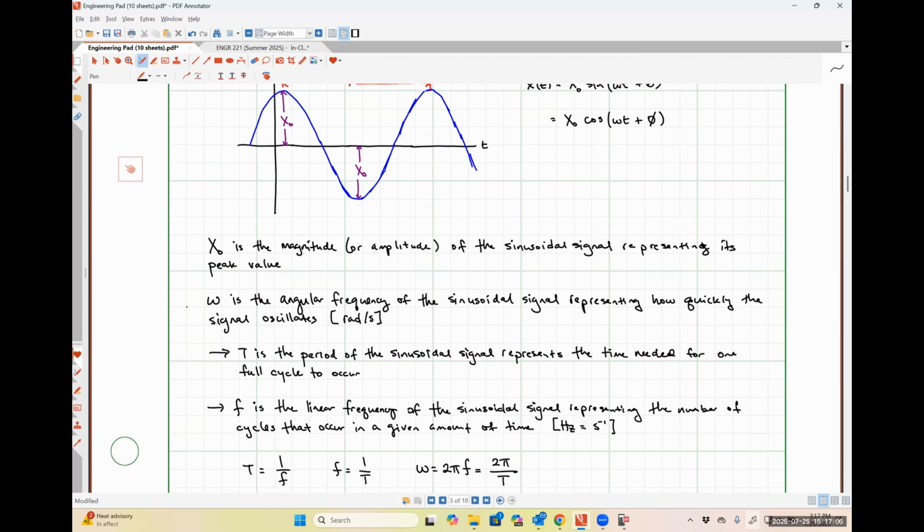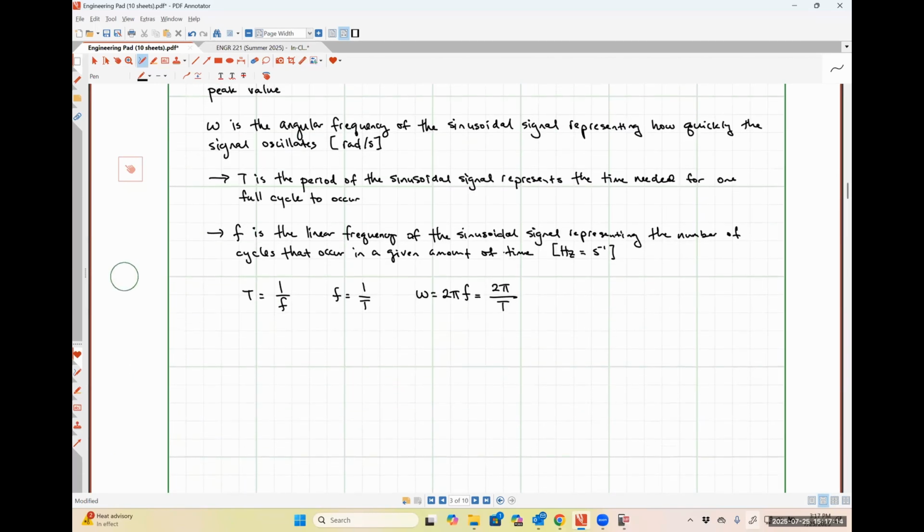So the last part of our mathematical expression that we have to deal with is the phase angle, okay? So theta and phi are the phase angles for our sinusoidal signals.